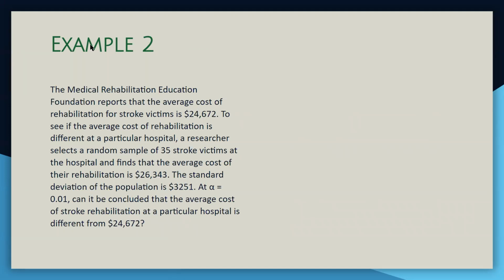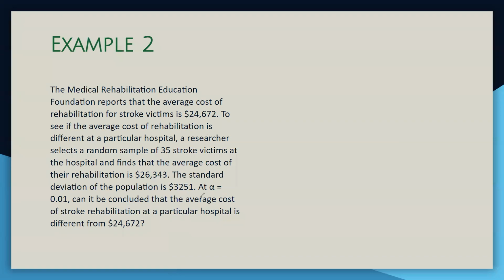The standard deviation of the population is $3,251. At alpha equals 0.01, can it be concluded that the average cost of stroke rehabilitation at a particular hospital is different from $24,672? That was a mouthful.